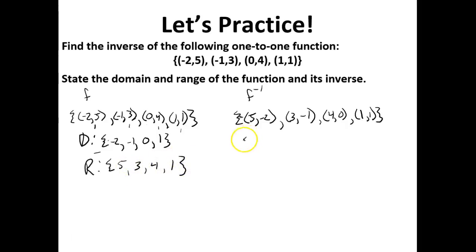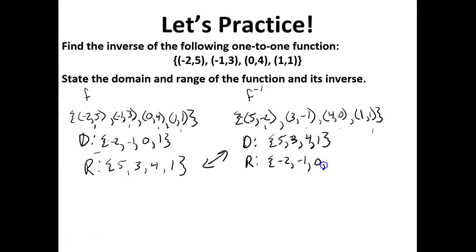When I look at the inverse, the domain, what's going in? 5, 3, 4, and 1, which if you notice is the range of the original function, and that's good because the inverse is supposed to undo. And the range here, what we get out, should be the domain here, and if we look, -2, -1, 0, 1. The range is the domain. So that's good.